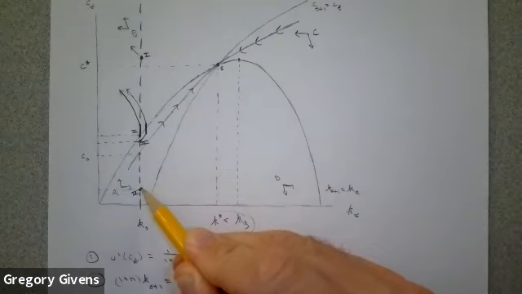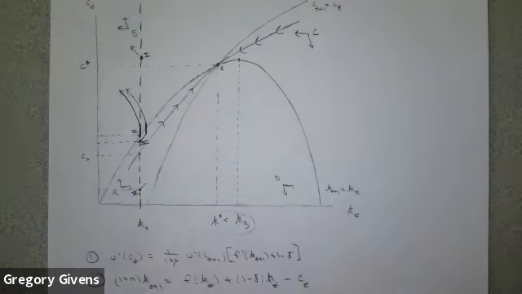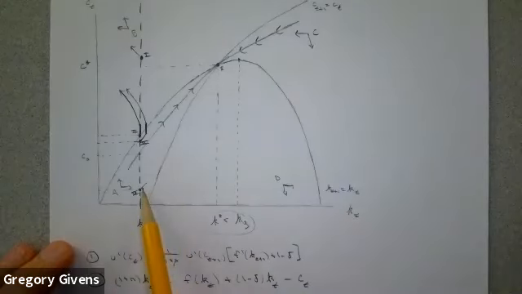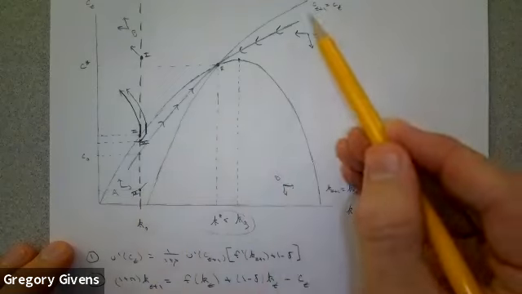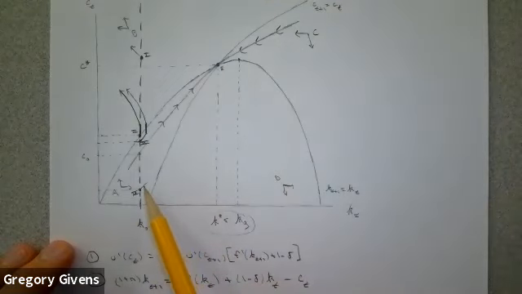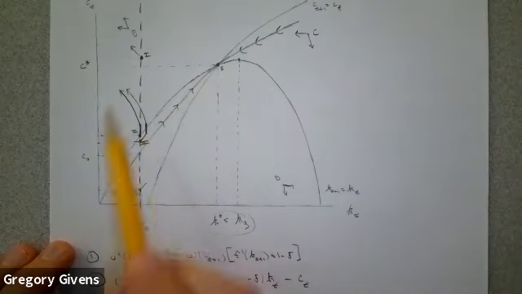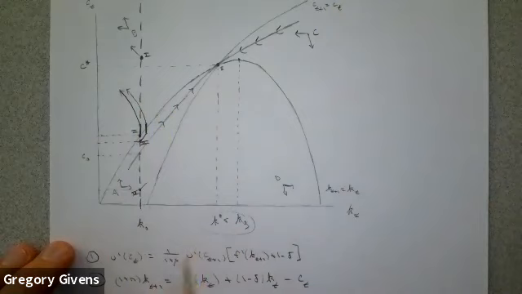So consumption is rising and the capital stock is rising, but unfortunately we're close enough to the CT plus 1 locus that we're going to cross over into region D before we move into region B, right?